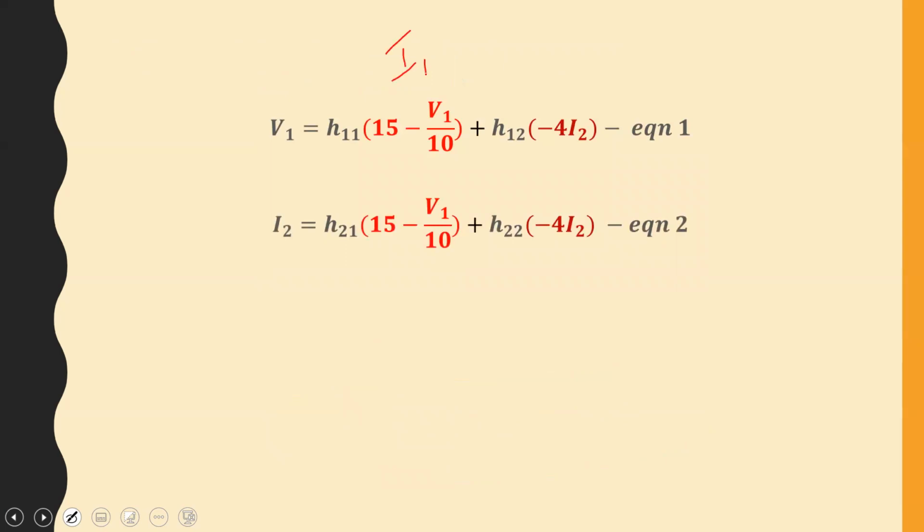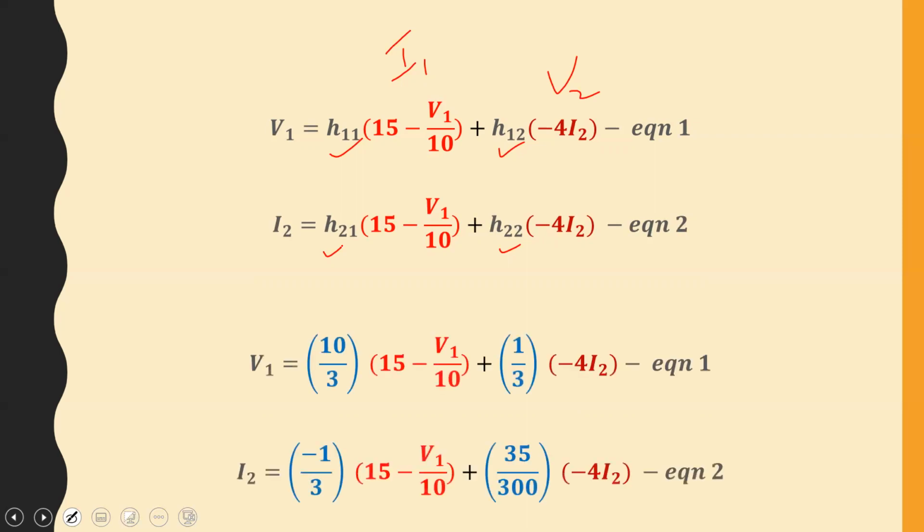This would be I1 and this would be V2. Okay? So making the substitutions. And of course, we have just calculated the values for H11, H12, H21, and H22. Making those substitutions, and I'm showing them now in blue. All right?